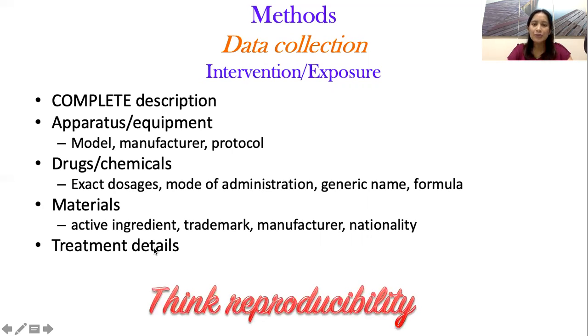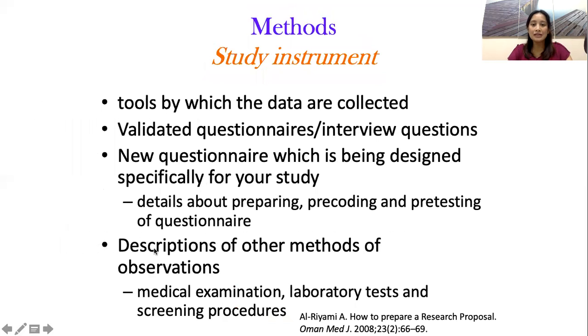So it has to be exact so that other people may be able to reproduce it again in order to validate the findings of your study. So think reproducibility. Next is the study instrument. If you're going to use a study instrument, you need to also describe it in detail.